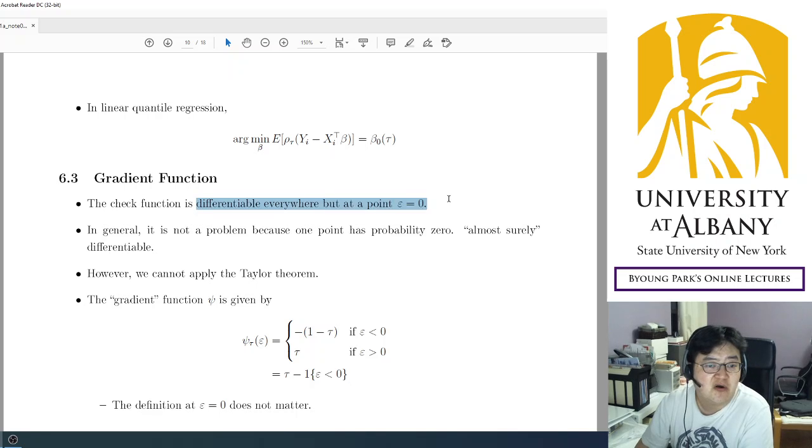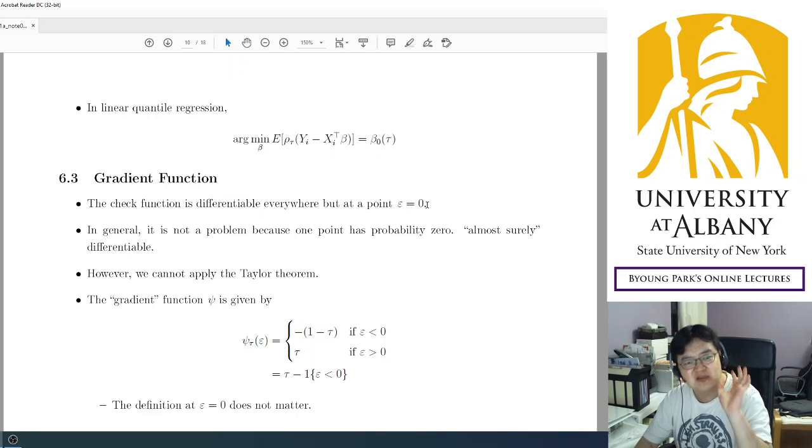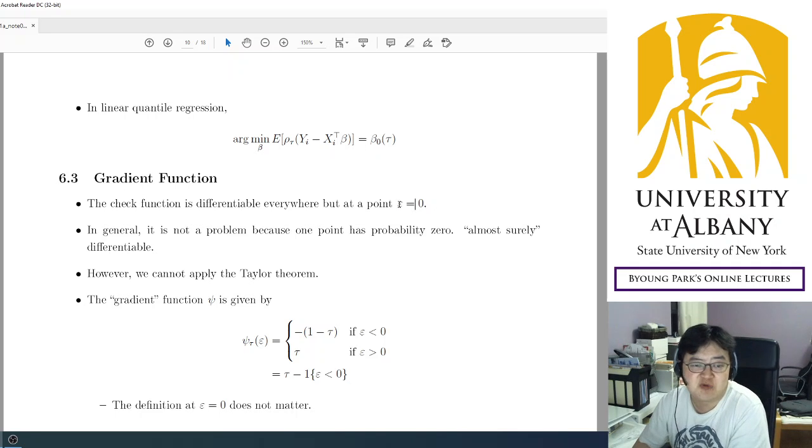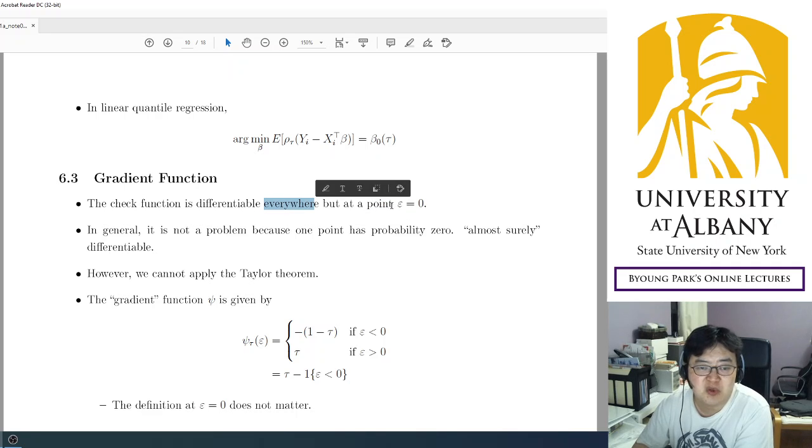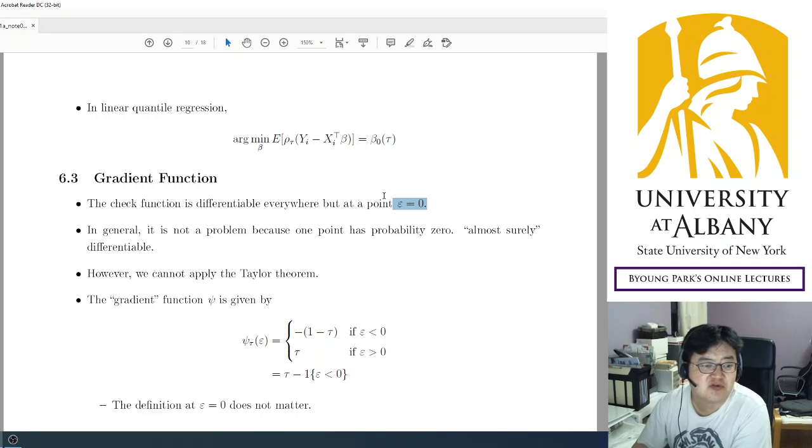So this is a problem at some point, but it may not be a problem elsewhere because it is just one point. You can say that the check function is differentiable almost everywhere, almost surely, but at one point it is absolutely not differentiable.